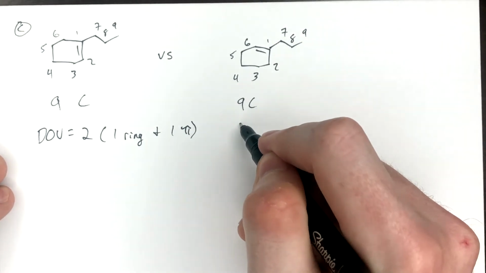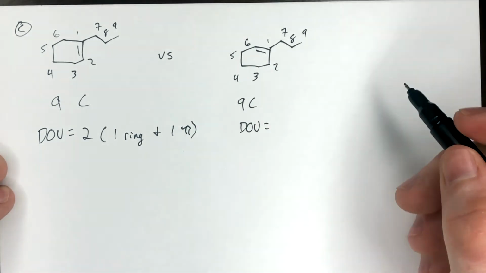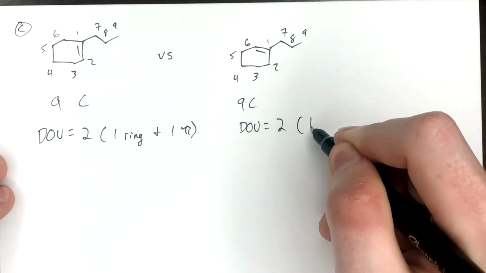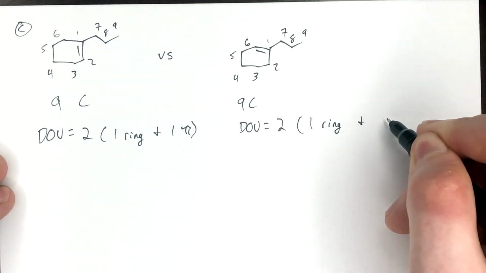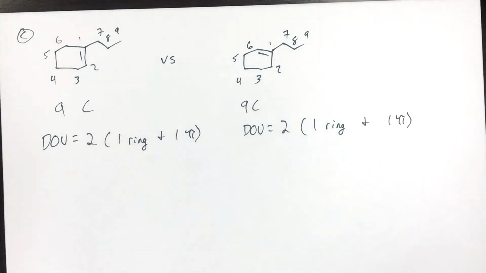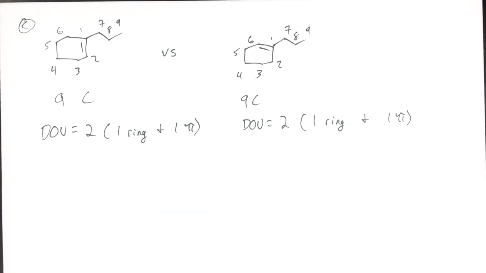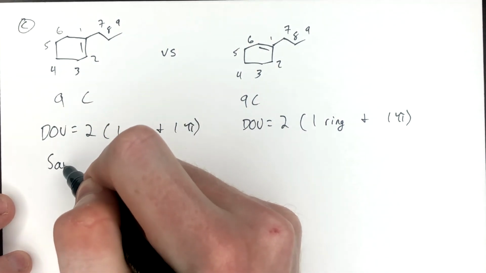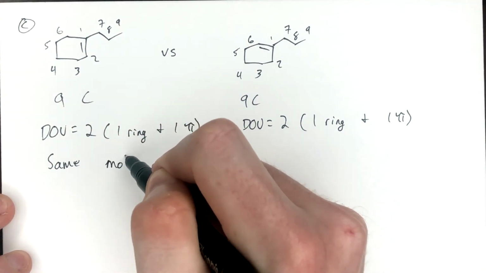Here we also have 2, 1 ring and 1 pi bond. Right, so a total of 2 degrees of unsaturation in both. The number of carbons is the same, the number of heteroatoms is the same, so these could be isomers because they have the same molecular formula. That is the conclusion. They have the same molecular formula.